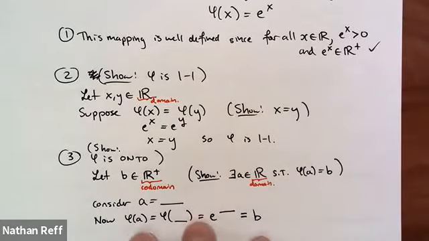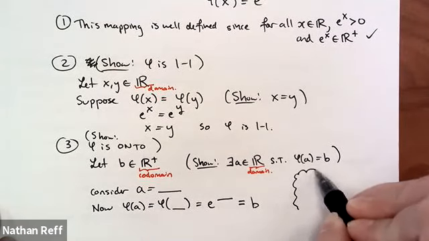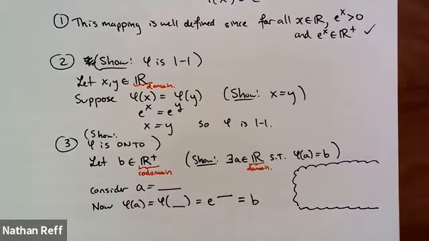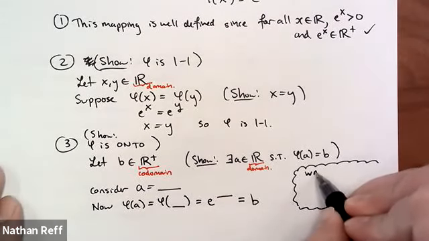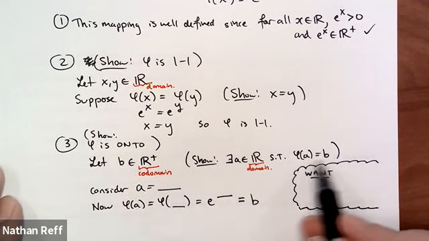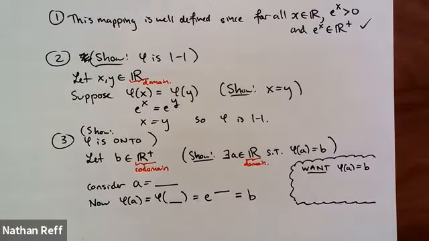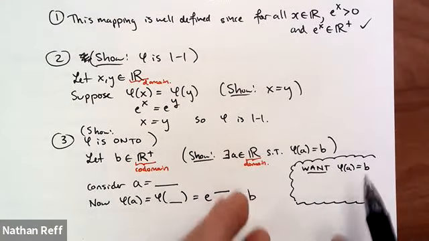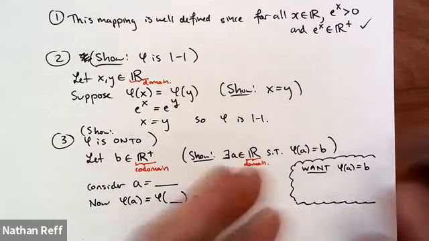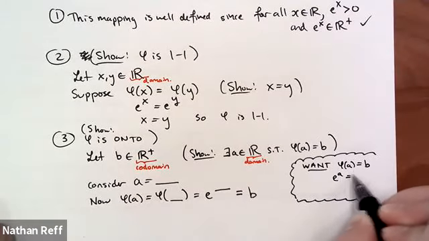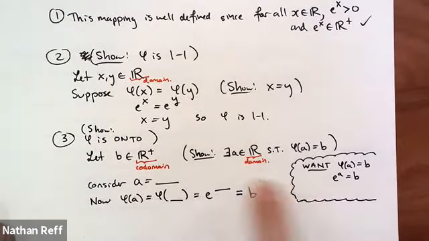Okay. Now, if you don't see that, how do you get that? Well, you go over here into scrap paper land, right? And the reason I'm saying that this is scrap paper land is because generally you're going to break the rule of math, which is assume what you're proving, right? So over here, what do you want? You want this equation to hold, right? So over here in scrap paper land, you could just illegally say, oh, well, let's just allow that. And what is phi of A? That would be e to the A, right? And you're trying to figure out what A is, right?